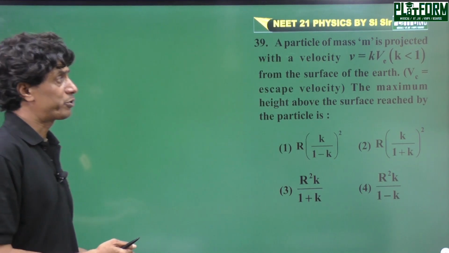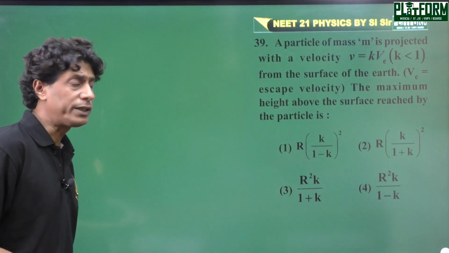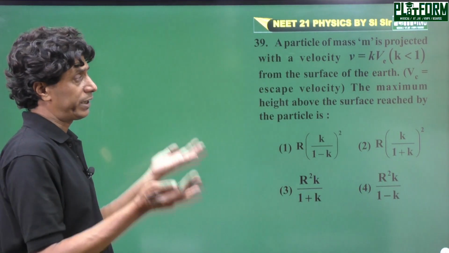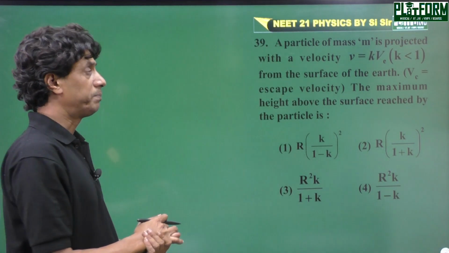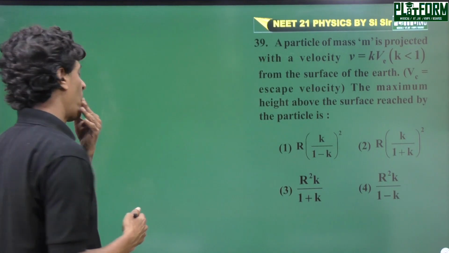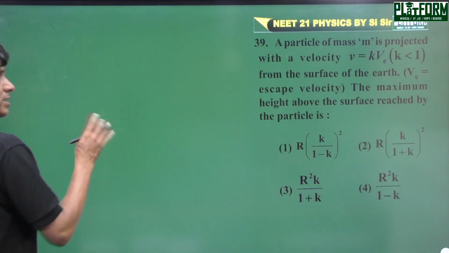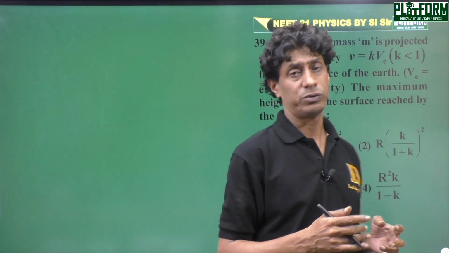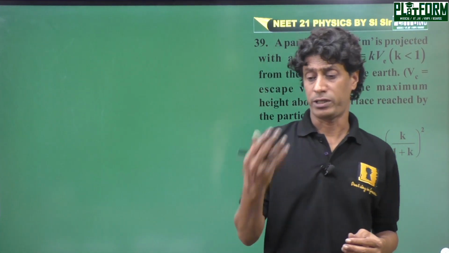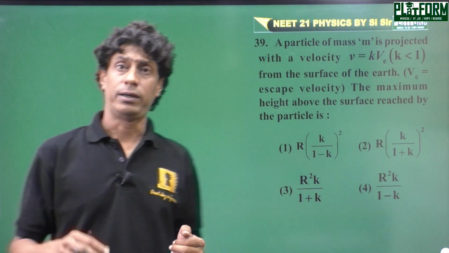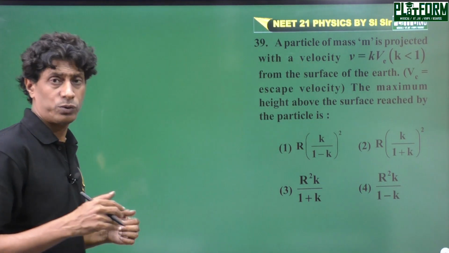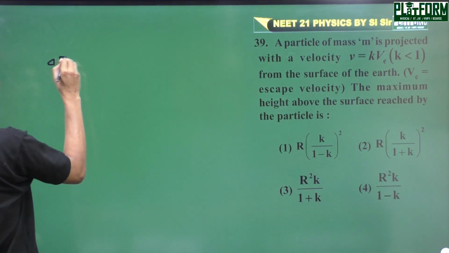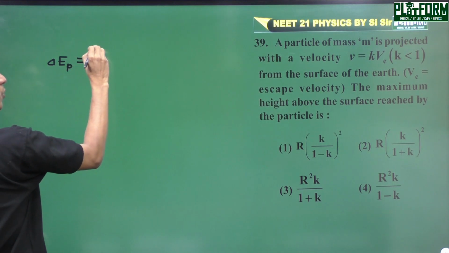question. A particle of mass m is projected with a velocity v. It has been discussed several times: the particle is projected up with a certain velocity, compared with the escape velocity. Particularly for the students who want to appear for the NEET 2022 examinations, I must say, use this formula every time.